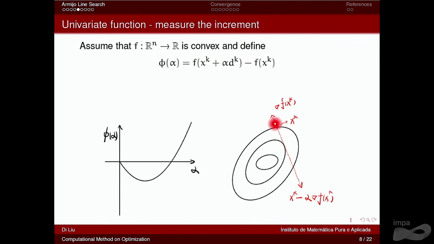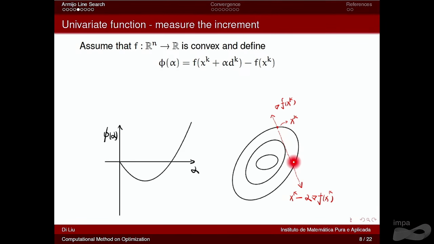If we go a little bit, the function will decrease, until this point, which is tangent to this ellipsoid. Until this point, your function value approaches its minimum along this direction. And if you go a little bit further, your function value will increase.